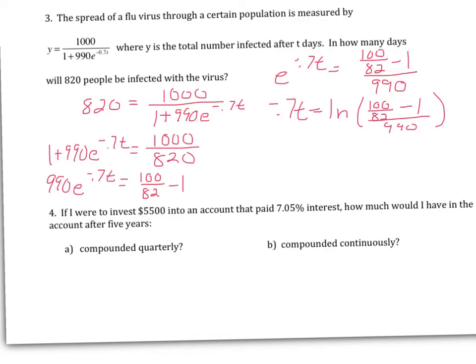And then once I have that answer, I want to divide by negative 0.7. So t will equal 12.02. So we can say about 12 days.